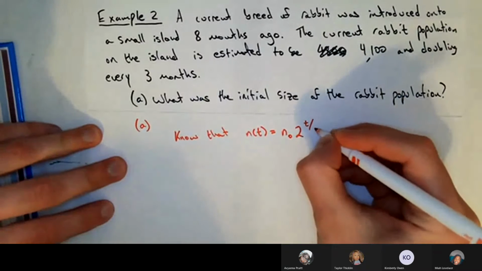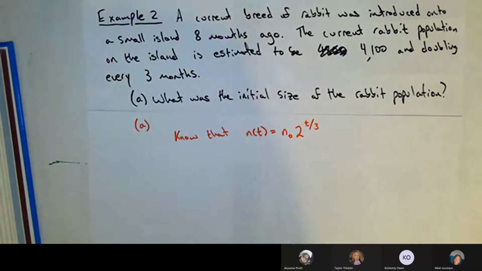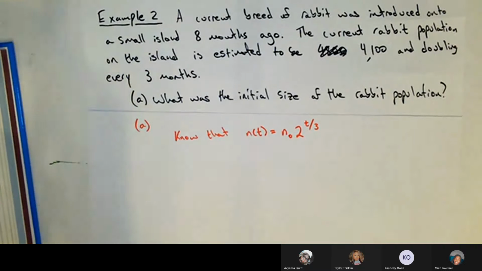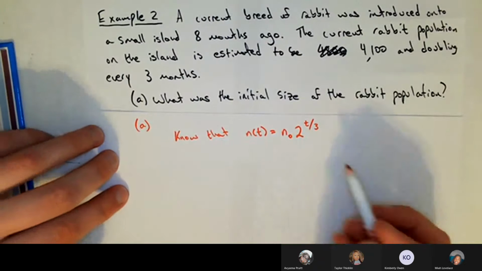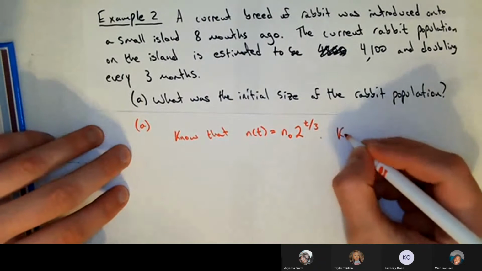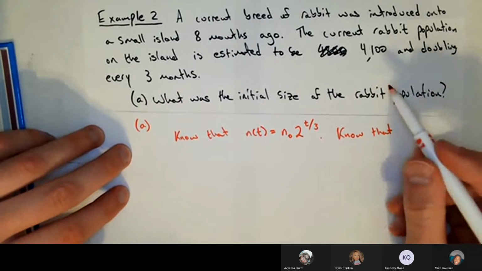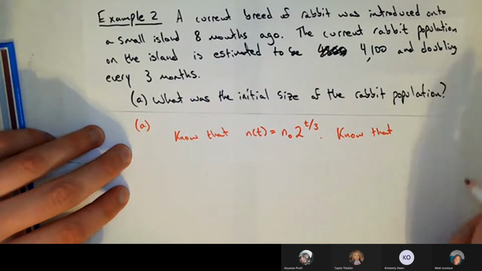And then t over 3. So that's all I know so far, is that a is 3, because that's the doubling time, 3 months. Okay, but I need to know N naught. I need to know N naught, but I also know that according to the problem, after 8 months, there are 4,100 rabbits.